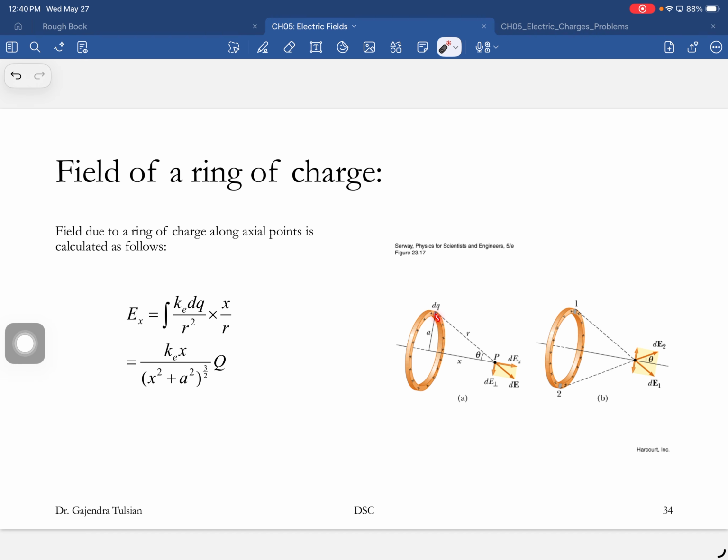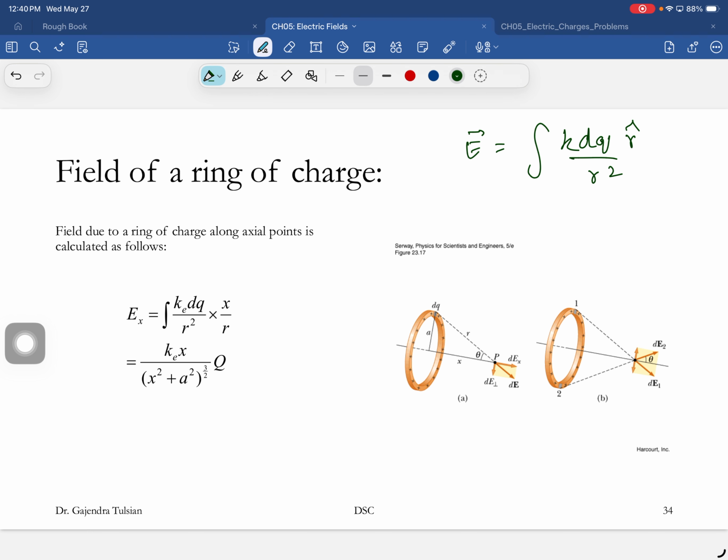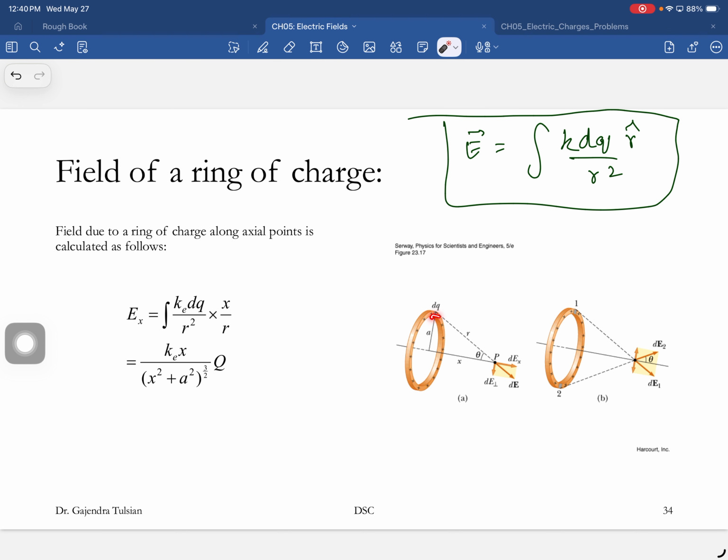So let's say you had a ring of charges, this integral that we talked about. So here's the ring of charges. You could break this up into little pieces and then do this integral as long as you're evaluating the electric field along these axial points.